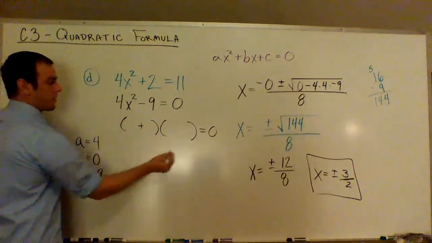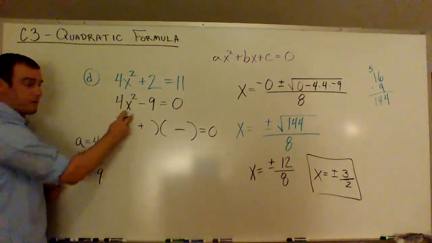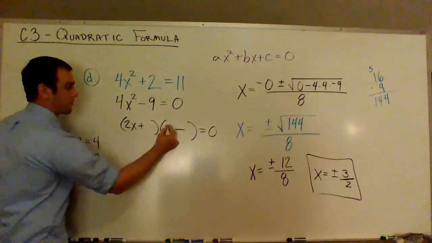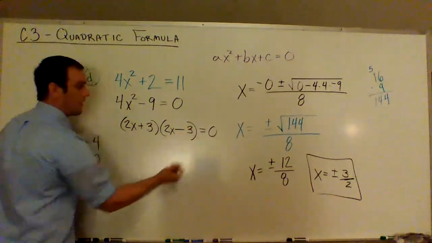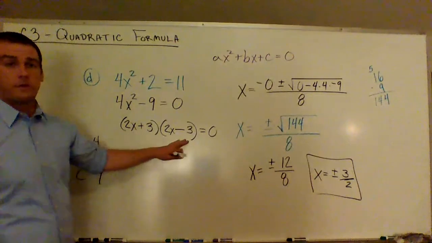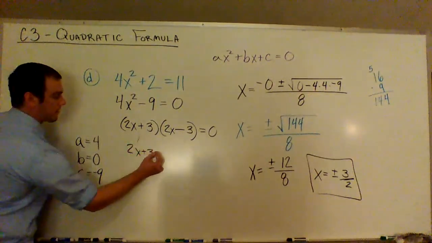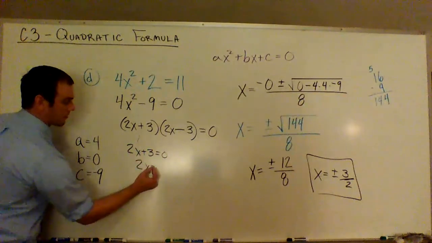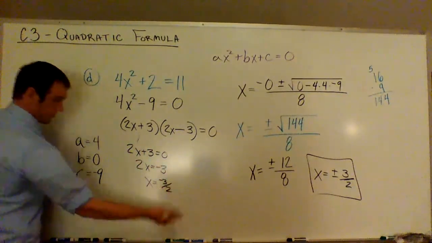One gets a plus, one gets a minus. The square root of 4x squared is going to be 2x. The square root of 9 makes 3. And remember, you'd set each factor equal to 0 to solve it, right? 2x plus 3 equals 0. 2x equals negative 3. x equals negative 3 over 2.